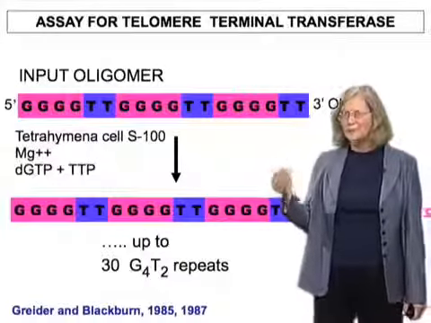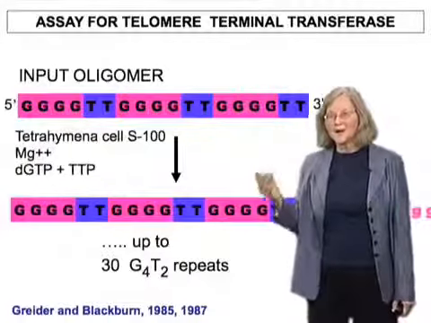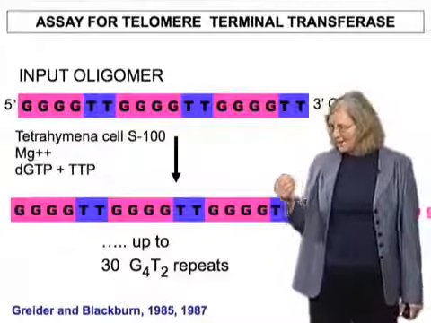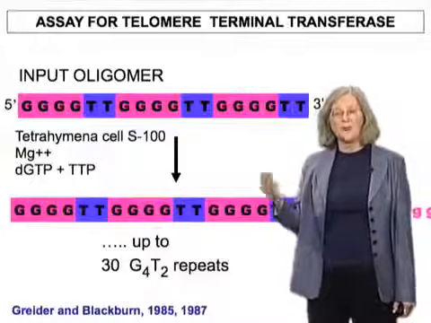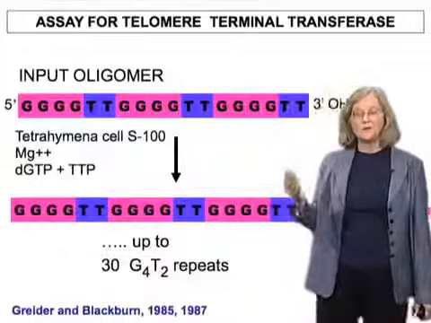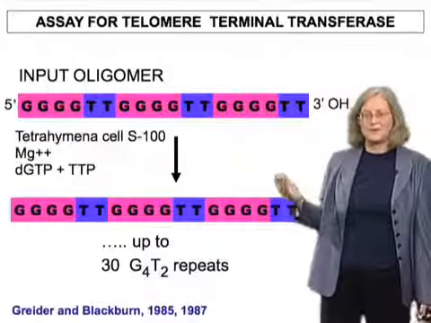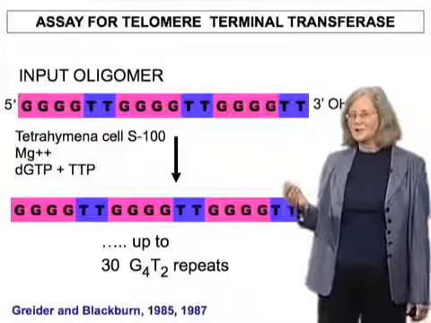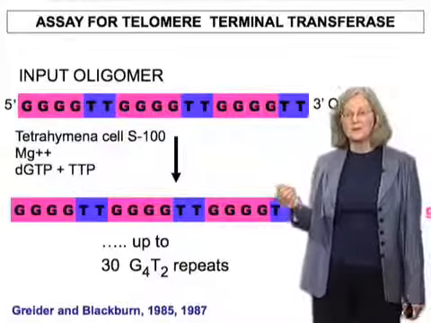We reasoned that that would be a particularly good time to find such an activity, thinking it might be likely to be induced or present in perhaps larger than normal amounts, because this would be a time when there'd be a demand for such an enzyme.